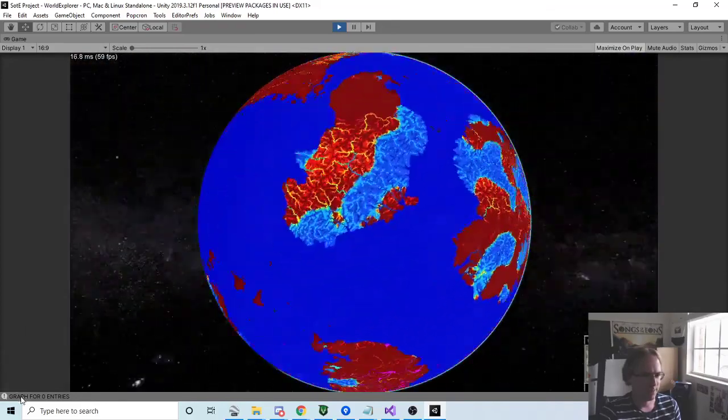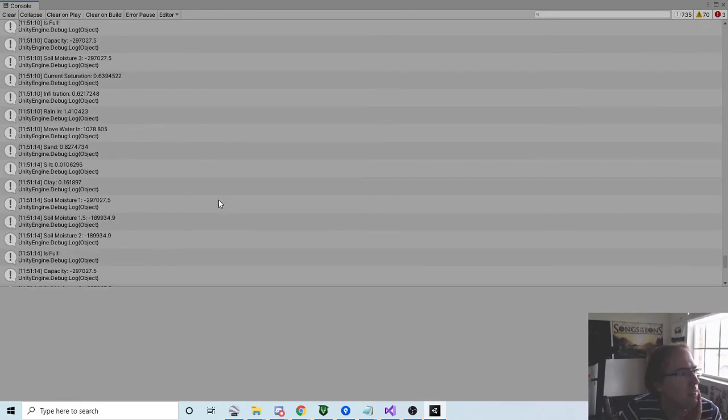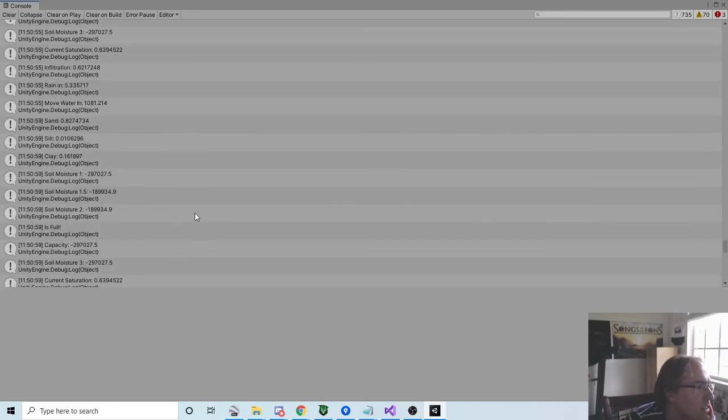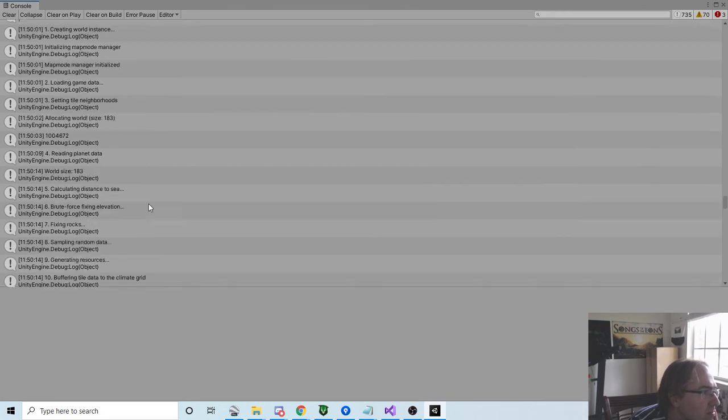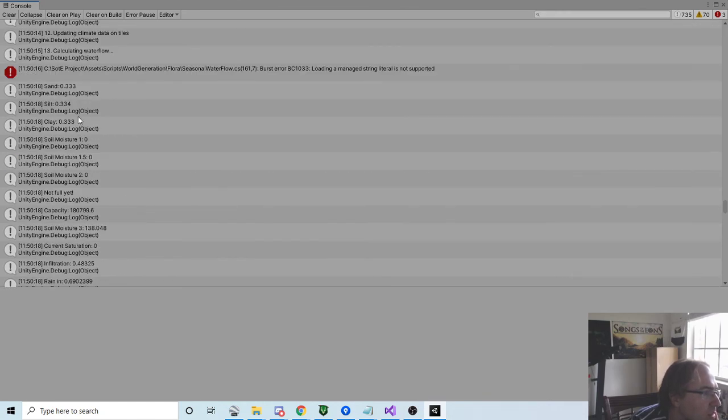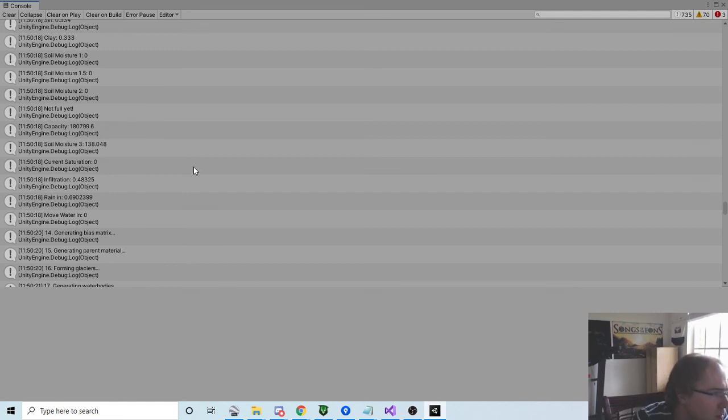Alright, well, let's check the logs, I guess. See where it finally went off the rail. Oh, I see a bunch of negative numbers. Soil moisture, 138.